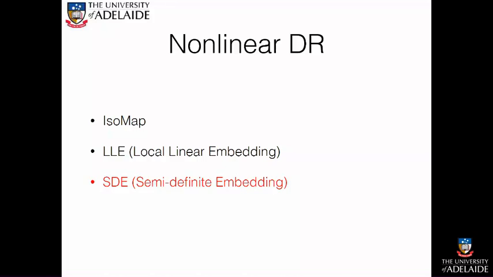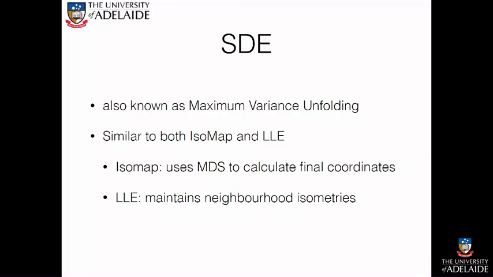So in PCA, the objective function can be formulated as maximizing the variance along some linear direction. And here, SDE or MVE just generalizes this idea of PCA into nonlinear manifold learning. So yeah, also known as maximum variance unfolding.